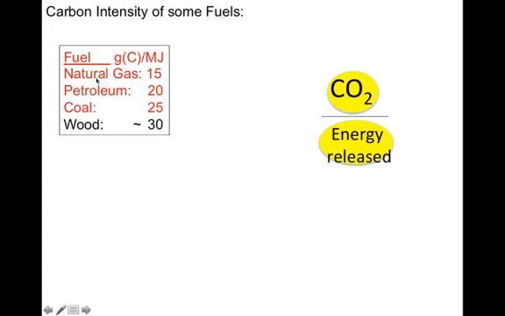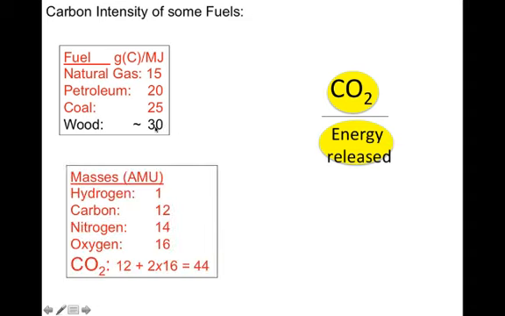The carbon intensity of some fuels in grams of carbon per megajoule that you get out for energy is: natural gas is 15 grams of carbon per megajoule produced, petroleum is 20, coal is 25, and wood is 30. And so if you're burning something, you realize natural gas is not so good. You get 15 grams of carbon. But petroleum is way worse. You get 20 grams of carbon. Coal is worse still, and wood is the worst.